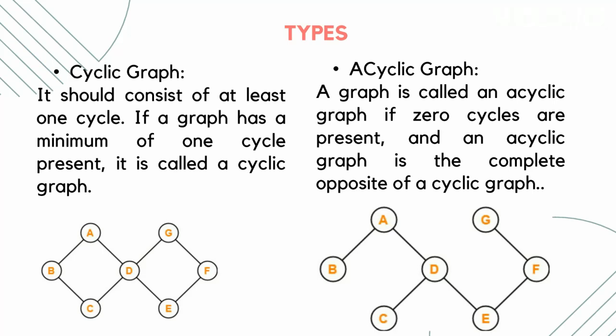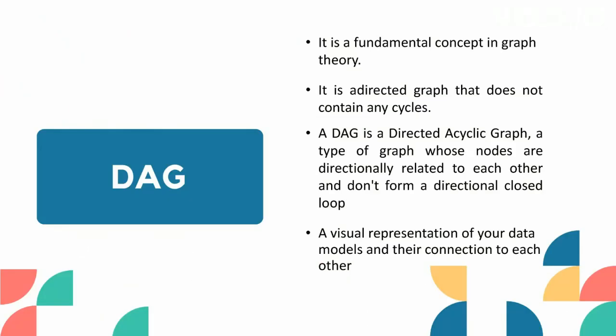And in an acyclic graph, zero cycles are present; an acyclic graph is the complete opposite of a cyclic graph. So a DAG, abbreviated from directed acyclic graph, is a fundamental concept in graph theory.